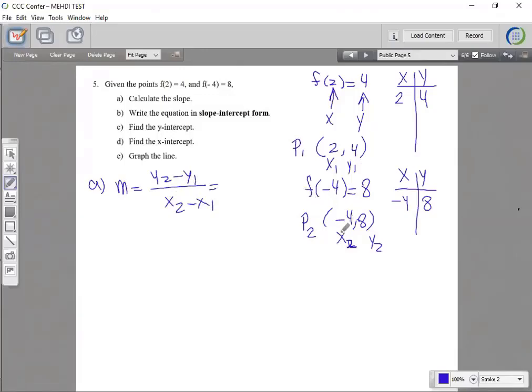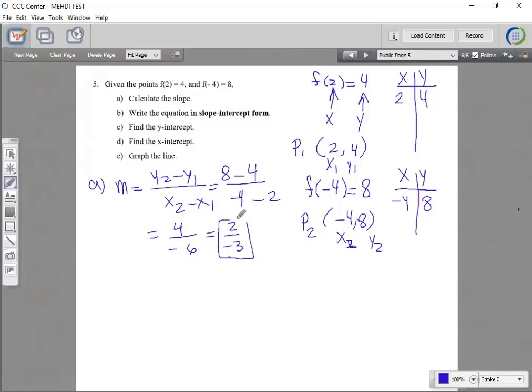So here I have y2 is 8 minus y1 is 4, over x2 is negative 4 minus x1 is 2. So I get 8 minus 4, which is equal to 4. Negative 4 minus 2 would be minus 6. I can reduce this. That would be 2 over negative 3.